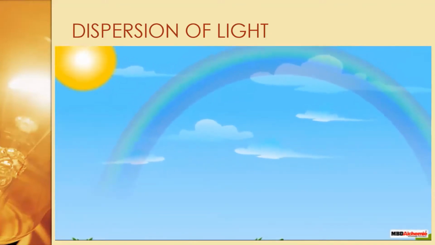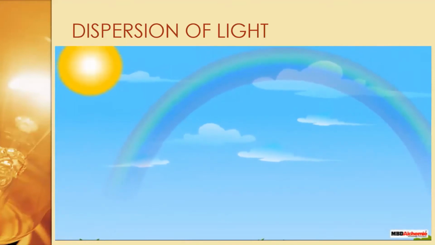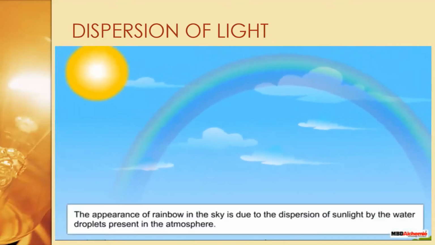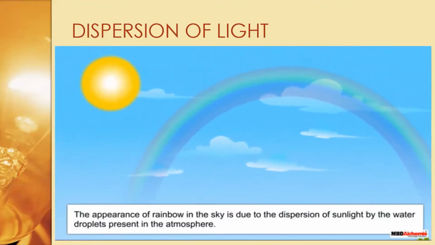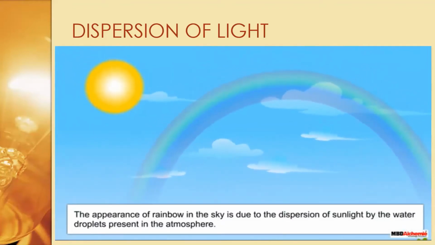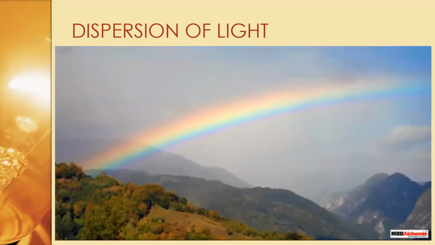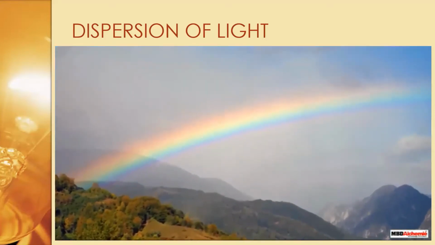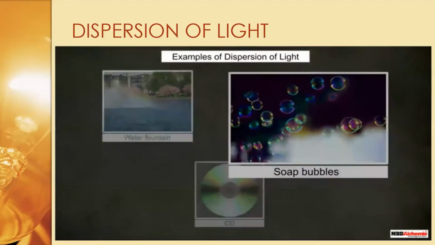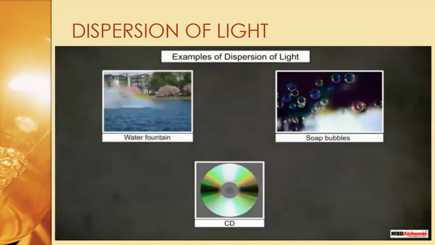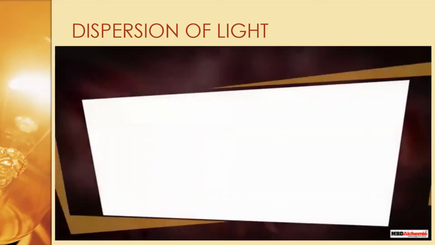A rainbow is always formed in the direction opposite to that of the sun. Thus, the appearance of rainbow in the sky is due to the dispersion of sunlight by the water droplets present in the atmosphere. Dispersion of light not only results in the formation of a rainbow, but we can see this effect in our day-to-day life as well. For example, the beautiful band of colors we observe in water fountains, soap bubbles, and CDs are all due to dispersion of light.